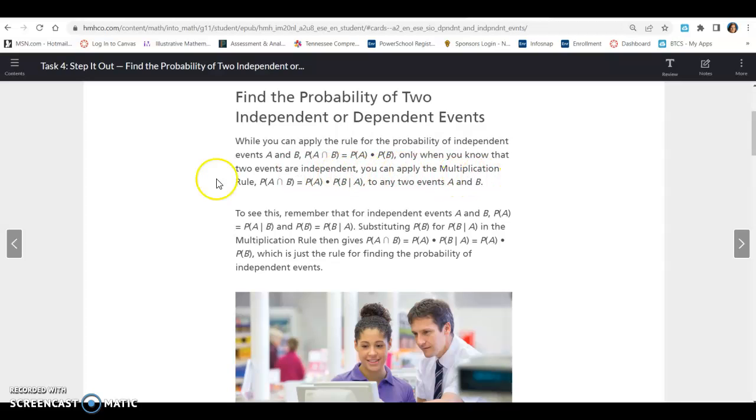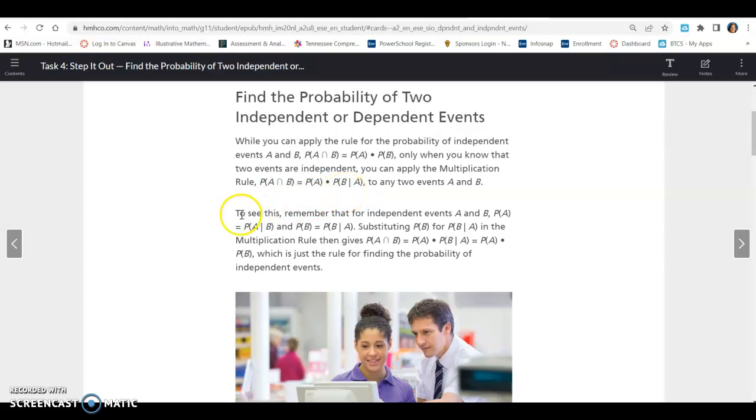You can apply the multiplication rule, this is the new rule that we just learned, to any two events A and B. So while you can only use this if you're certain that it's independent events, you can use this rule for independent or dependent events. This rule covers a little bit more ground since you can use it for all. So this is probably the best rule to know since you can always use it.